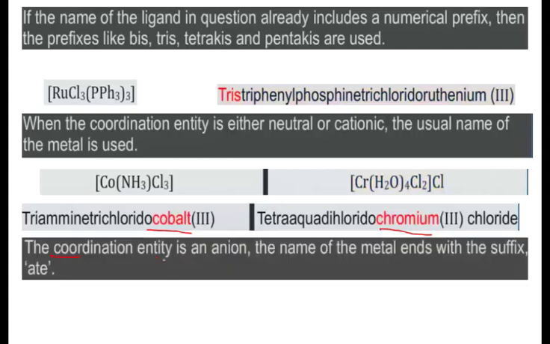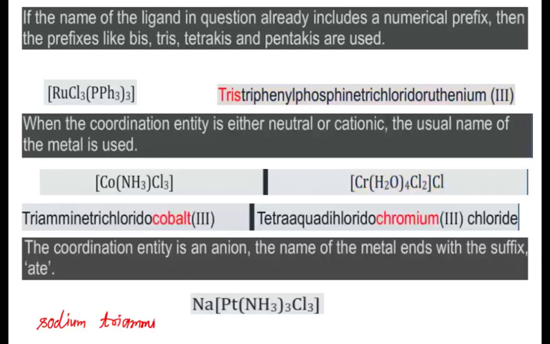Next, if the coordination entity is an anion, this was for cation and neutral, the name of the metal ends with the suffix ate. This is important. The name of the central atom will end in ate, whereas in the previous case it was normal. Now in this example, the name of the complex will be sodium because it is the counterion. Then we leave some space. Then the anion is a complex, so it will be triamminetrichloridoplatinate.